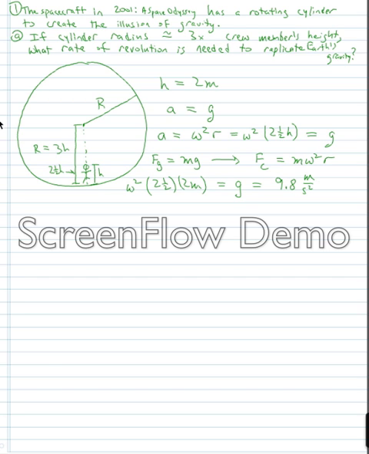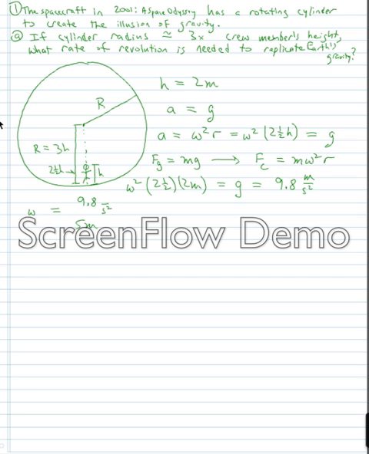So now we have omega squared equals 9.8 meters per second squared divided by, so 2.5 times 2 meters is 5 meters.